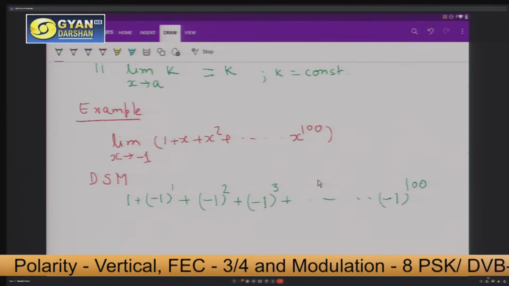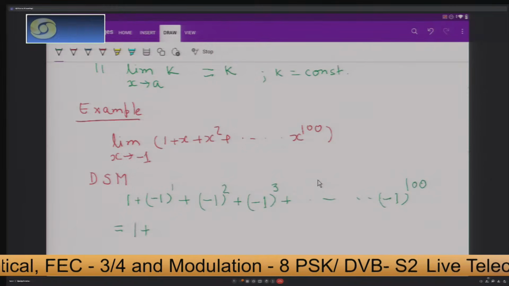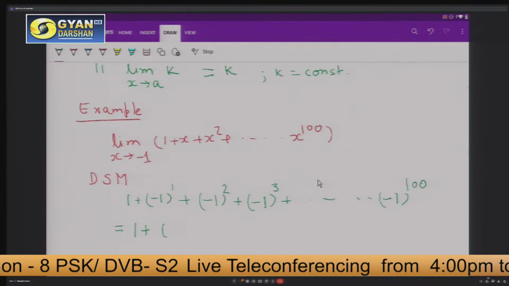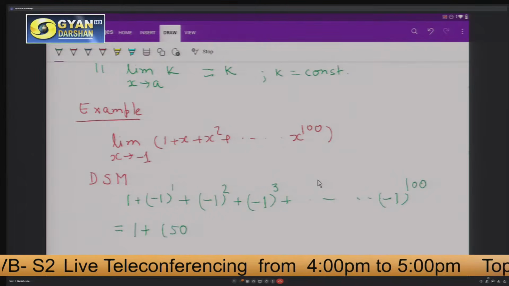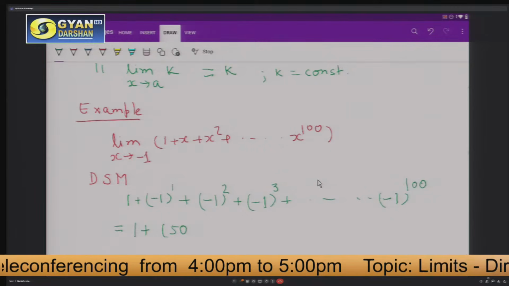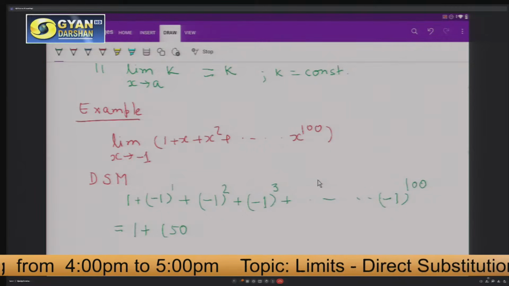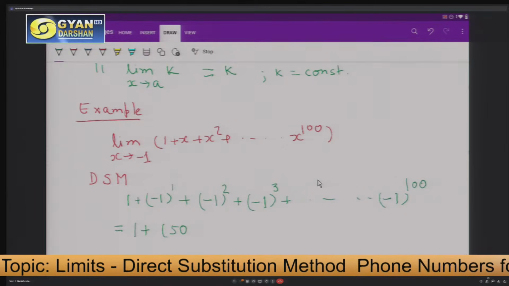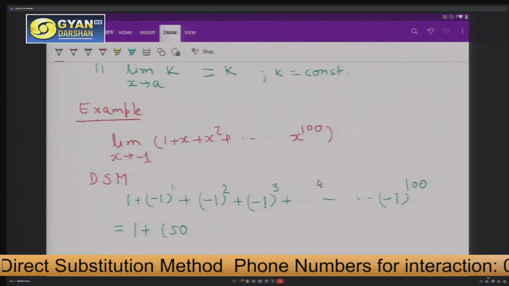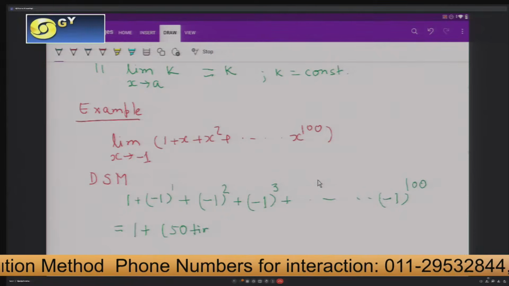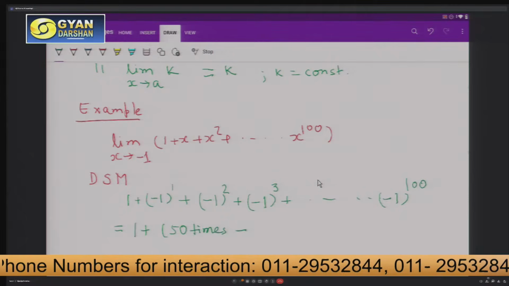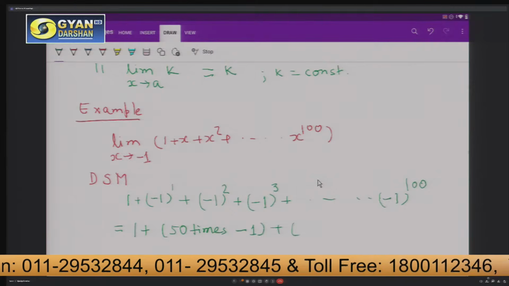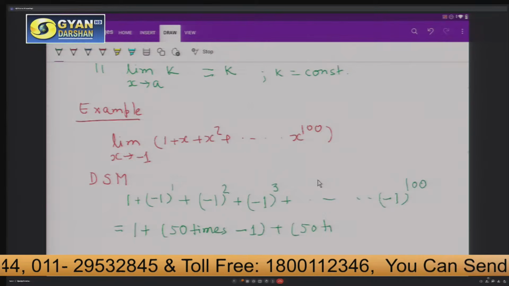So it will be equal to 1 plus 50 times minus 1, because it goes up to the power 100, so from 1 to 100 there will be 50 odd numbers, plus 50 times plus 1 will be repeated.